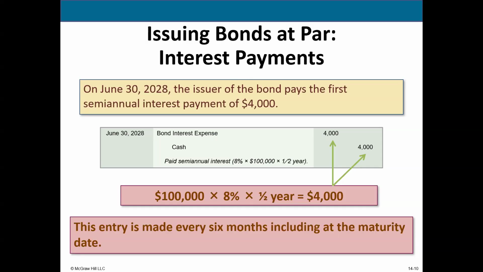And so 100,000 times 8% times half a year, $4,000 interest expense. So we would debit bond interest expense 4,000, credit cash 4,000 to represent the semi-annual payment of interest of $4,000. Again, it works the same way as if it were a bank loan. We calculate interest the same way.